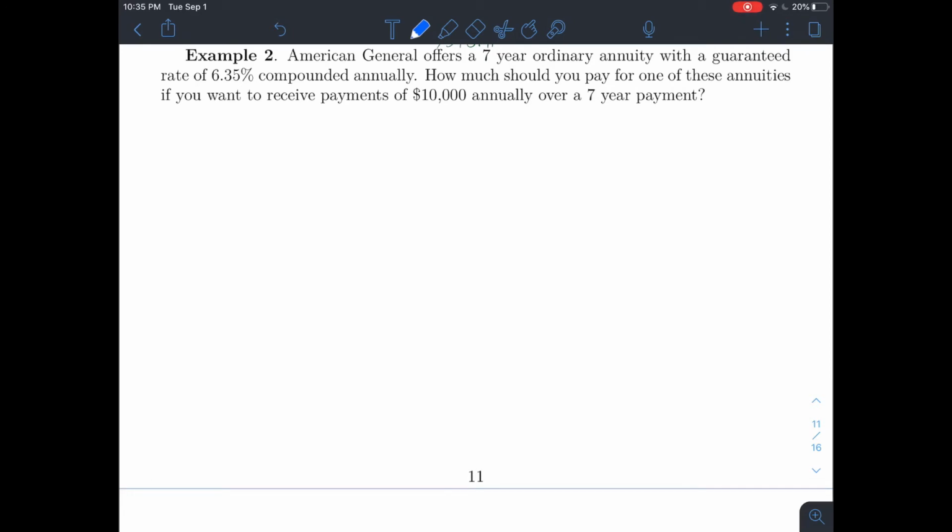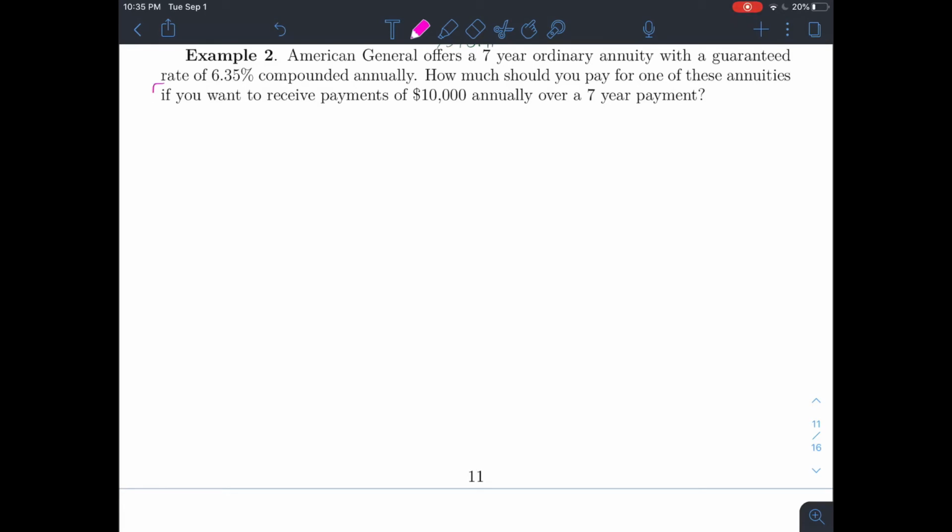American General offers a 7-year ordinary annuity with a guaranteed rate of 6.35% compounded annually. How much should you pay for one of these annuities if you want to receive payments of $10,000 annually over 7 years? Okay, well, we see the word annuity, but we don't know if it's a future or present.